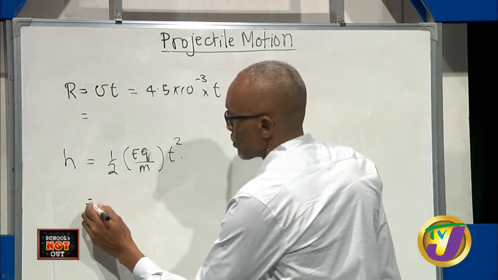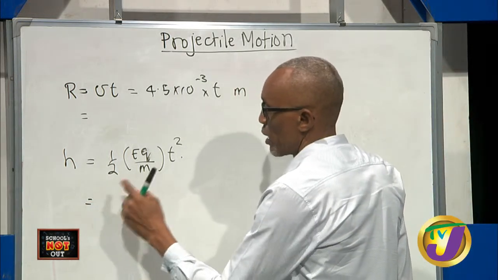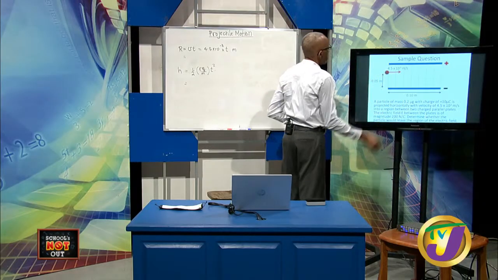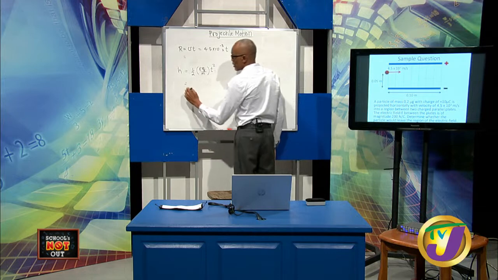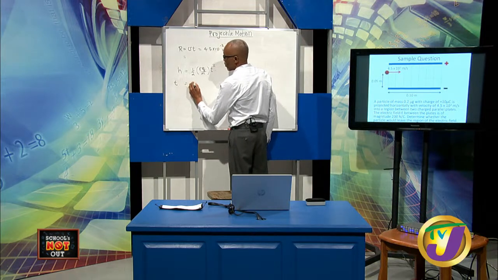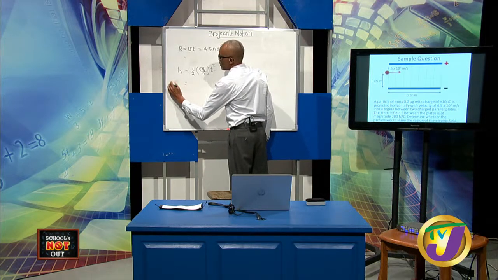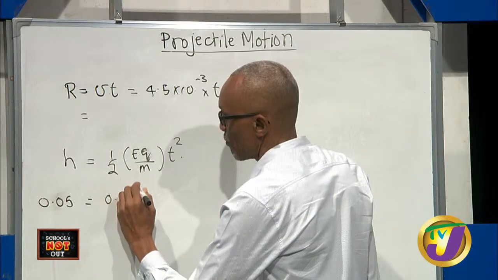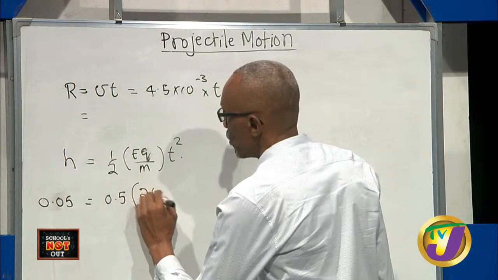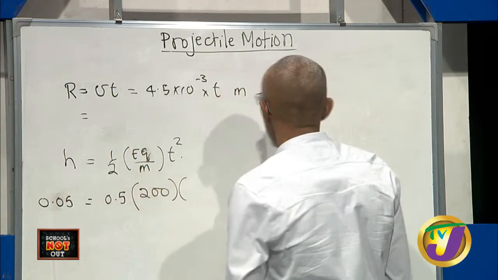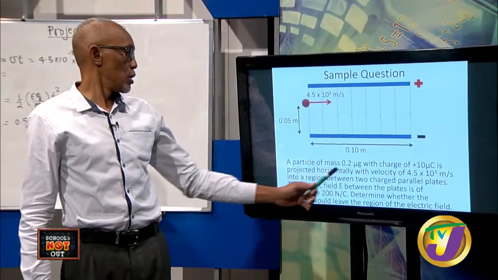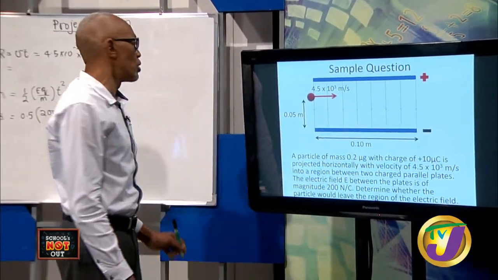So when we know that H, the height through which it falls, is 0.05 meters, T would be equal, H, 0.05, half is 0.5, E is 200 newtons per coulomb, Q, the charge on the particle, is 10 microcoulombs.